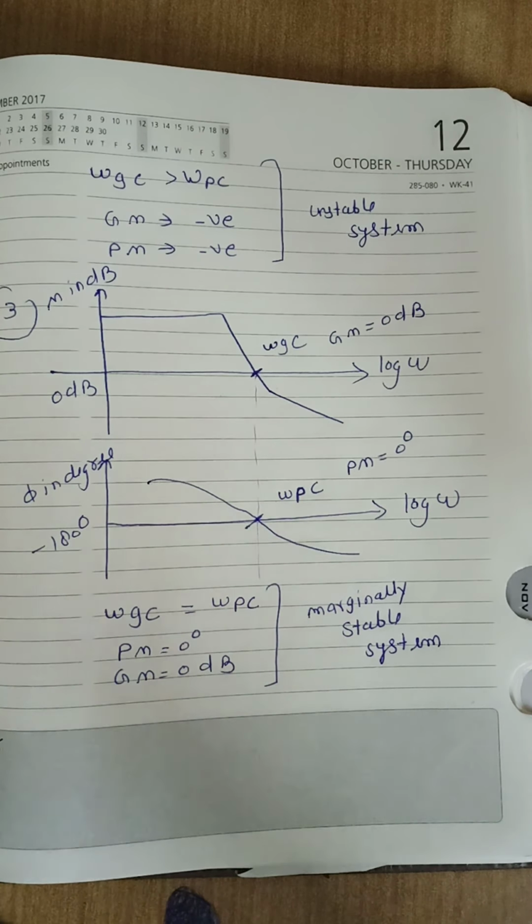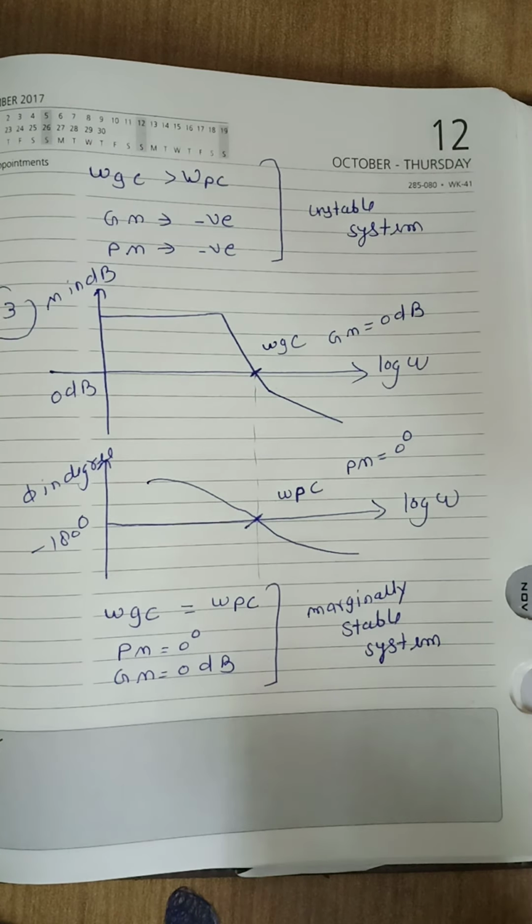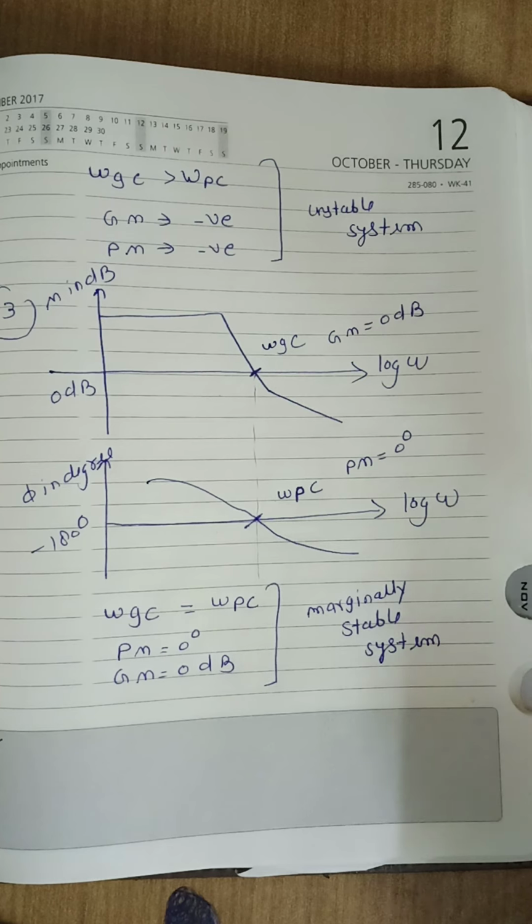After that, we will draw the magnitude plot and the phase angle plot. According to the magnitude plot and phase angle plot, we can define the frequency domain specifications like gain margin, phase margin, gain crossover frequency, and phase crossover frequency. After that, according to these parameters, we can determine the stability of the system. Thank you.